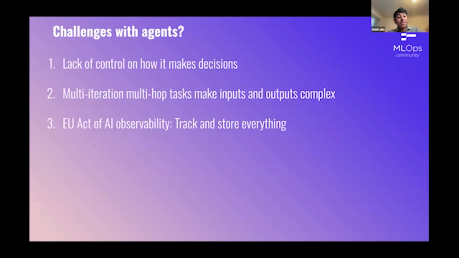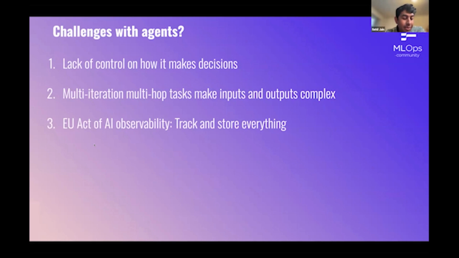So this is where the paper starts. The paper talks about what the main challenges are when we talk about ops around agents, or in general building agentic AI systems. The first one is a lack of control on how it makes decisions.